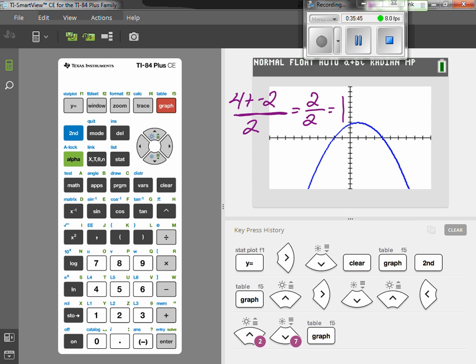So the axis of symmetry tells me x is equal to 1. And as we've seen so far, it means the x value of the vertex is 1, yes?